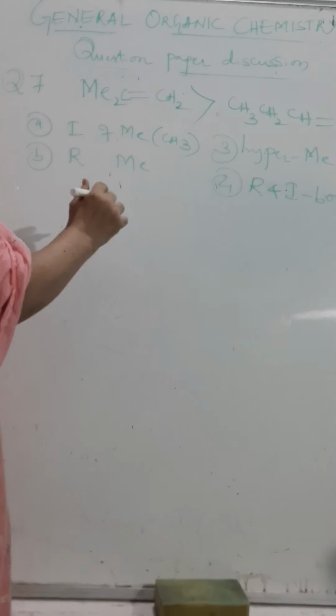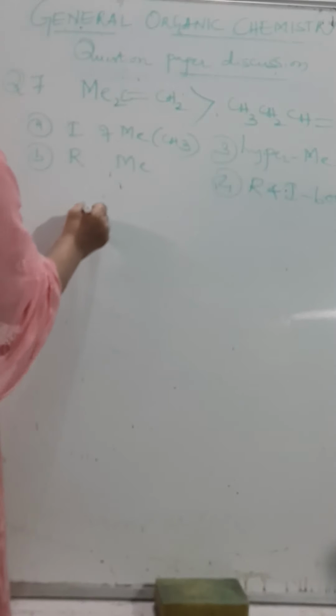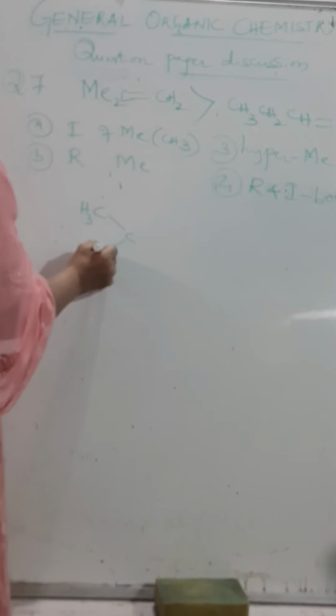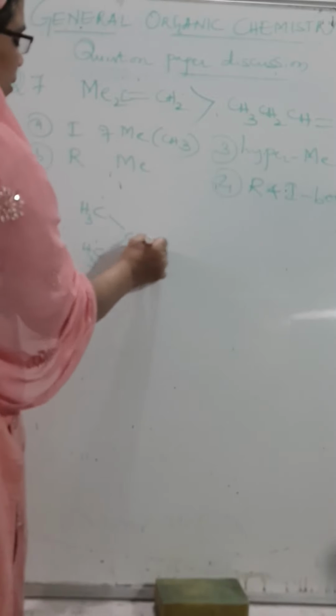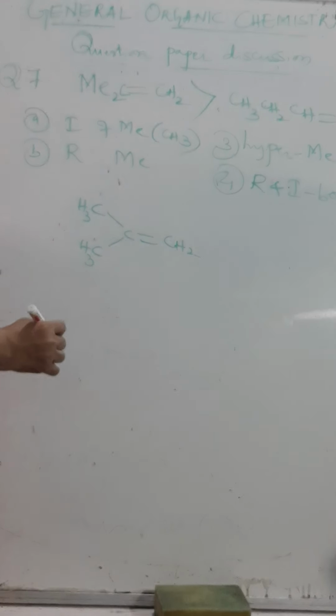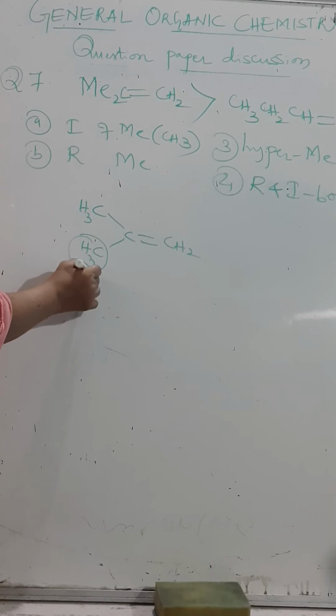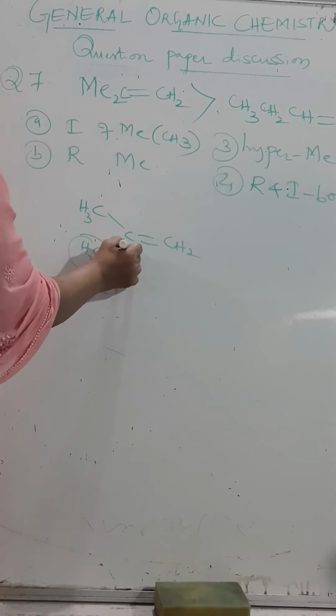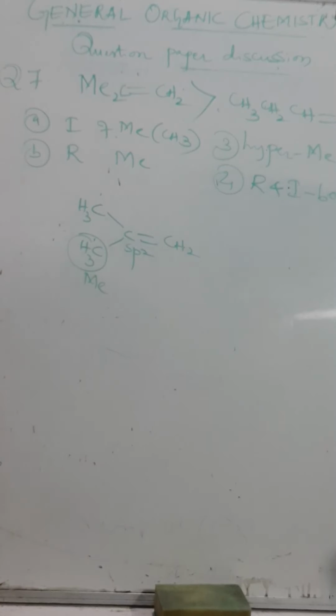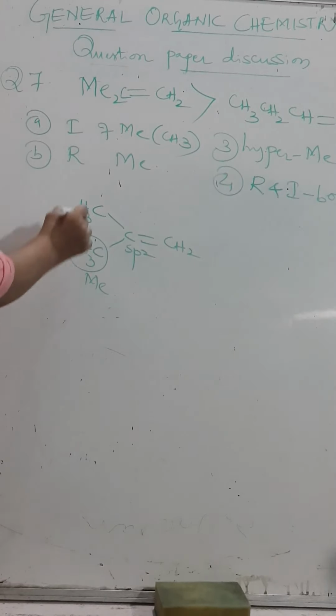Just to observe over here, I write the question once again. CH3 double bond CH2. This is a methyl group linked to which carbon atom? An sp2 hybridized carbon atom. How many methyl groups are there? 2.